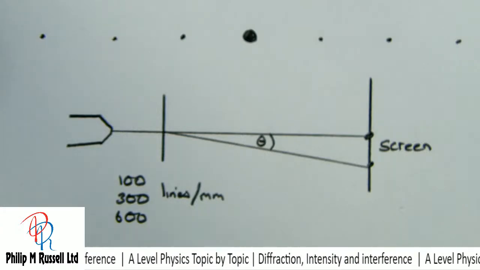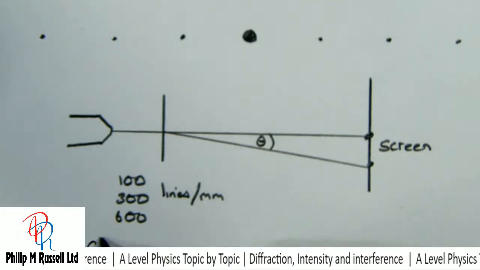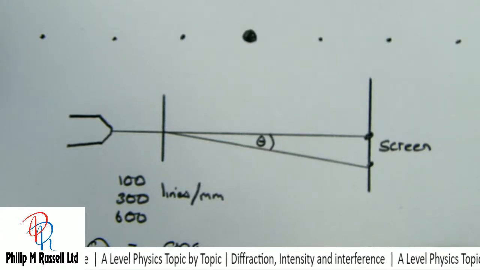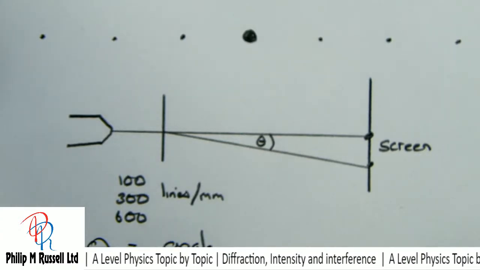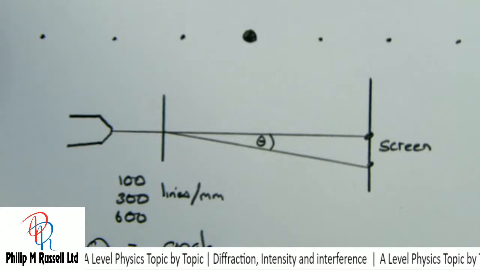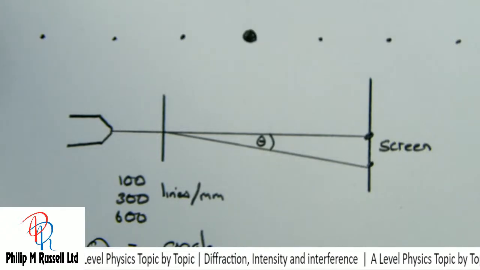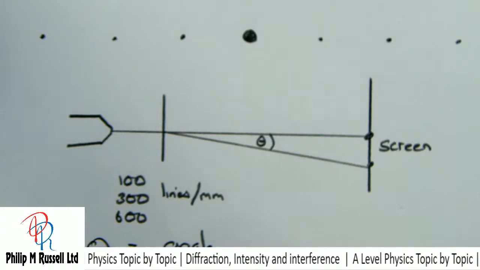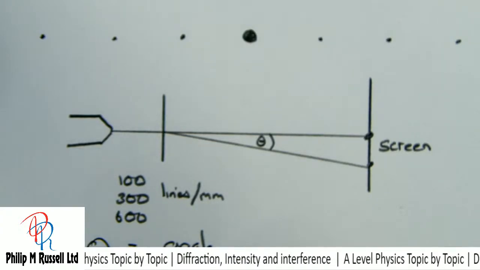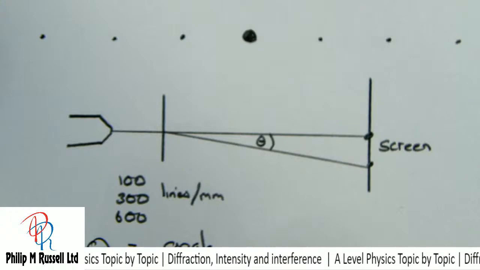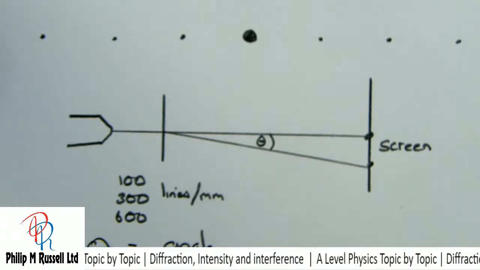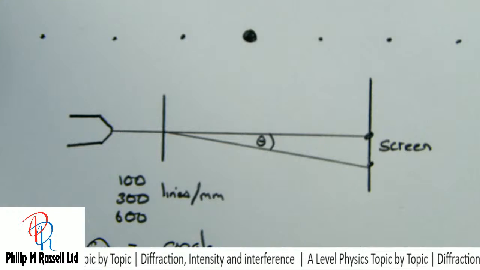Theta equals the angle. D here is going to be the space between the slits on the diffraction grating.